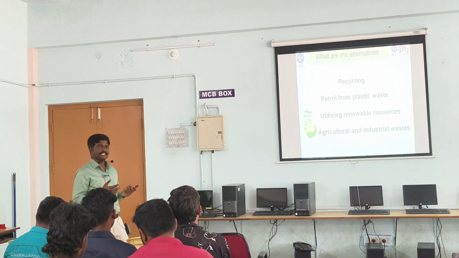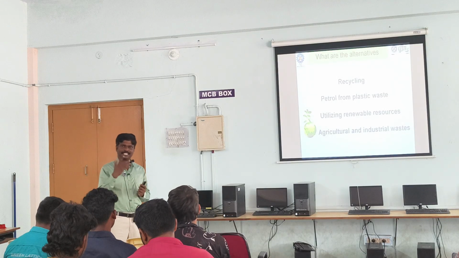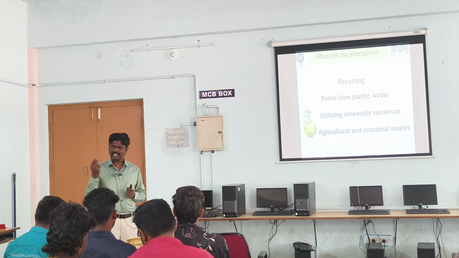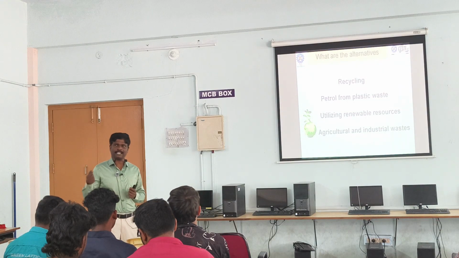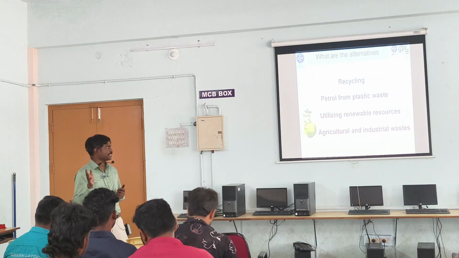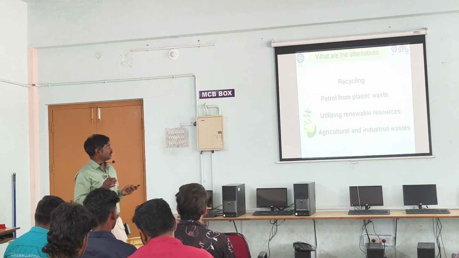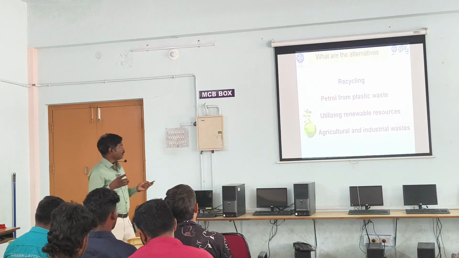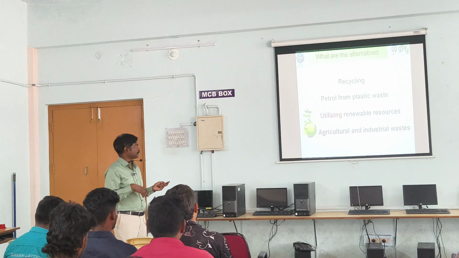So recycling: 90% of PET bottles can be recycled, 95% of plastic bottles can be easily recycled, whereas chocolate wraps, small carry bags and all are very difficult to recycle. Only 6 to 10% we can recycle. Then some people are making petrol from the plastic waste.